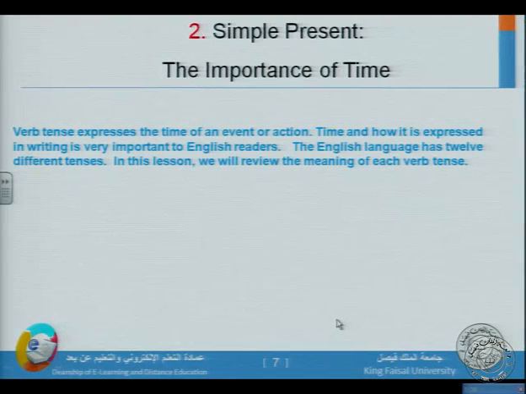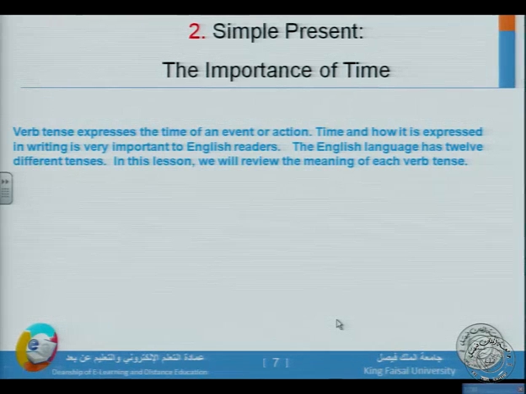We already have a warming up exercise. Now we're going to the serious job. Today we're going to talk about simple present. First of all, why do we always talk about verb tenses? Is the time important to you? The importance of time.